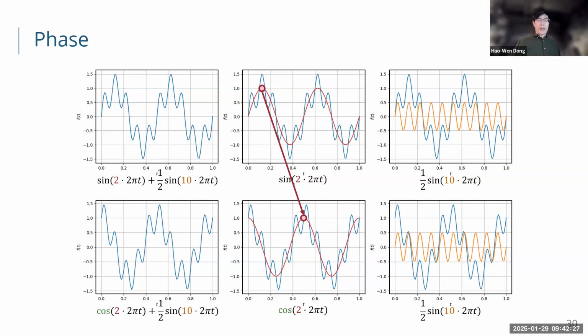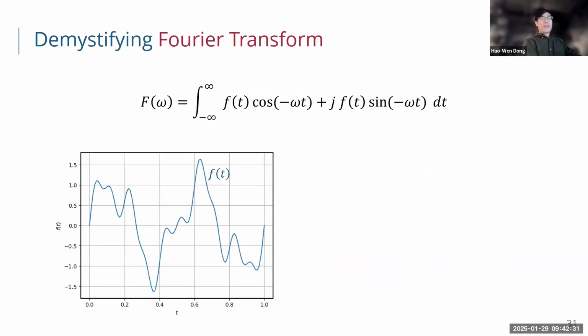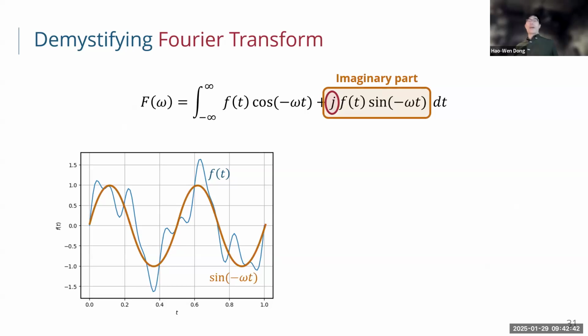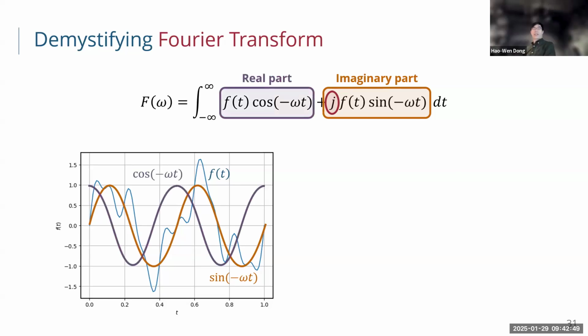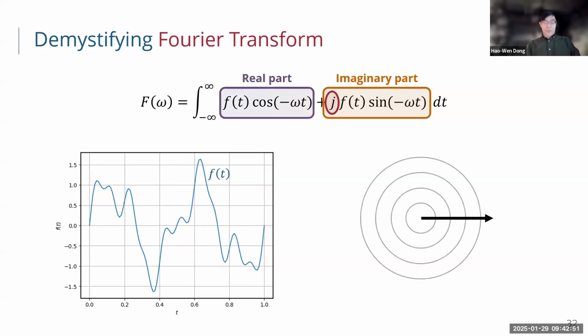We won't go into detail, but basically, Fourier transform is a complex decomposition. The output of Fourier transform is a complex number with 2 parts. One is the imaginary part, which is the sine wave detection, and the other is the real part, which is the cosine wave detection.